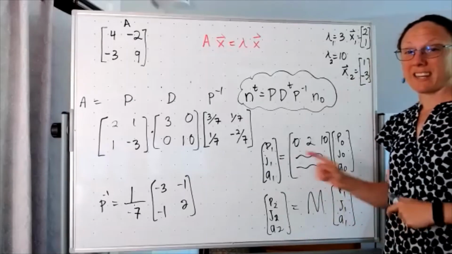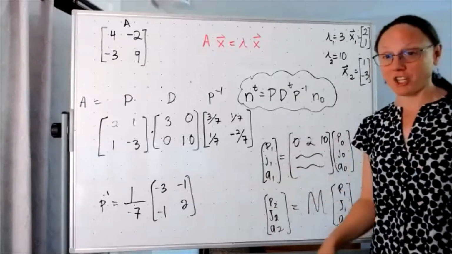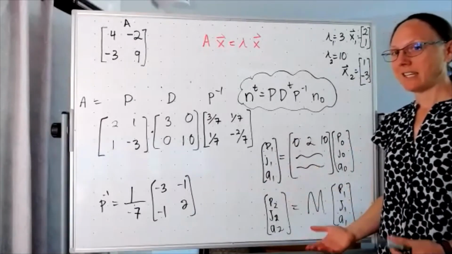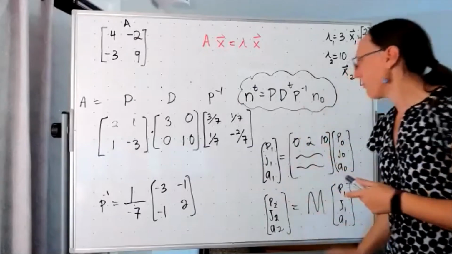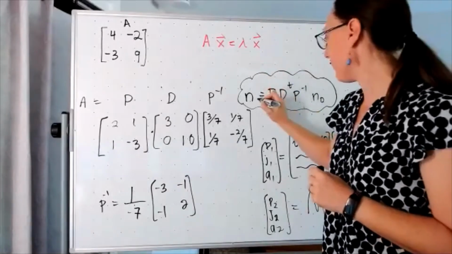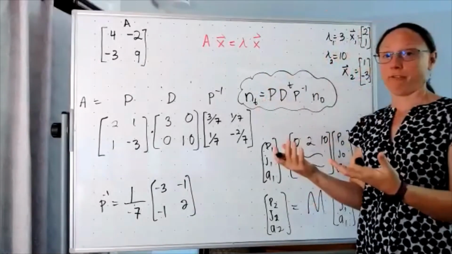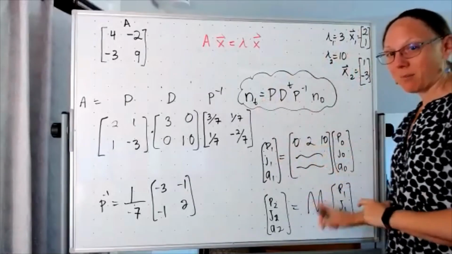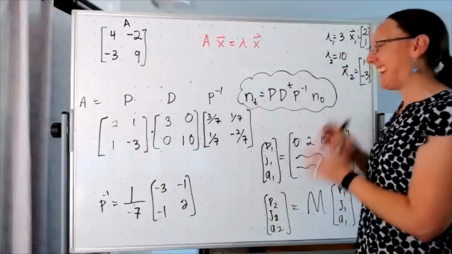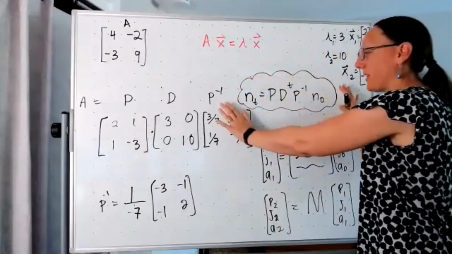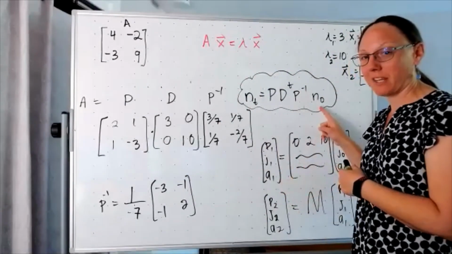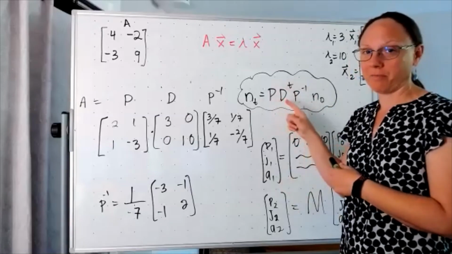So you might imagine that if I wanted to do this a whole bunch of times, it might be convenient to have some faster way to multiply this matrix by the vector over and over again. And it turns out that this formula gives us the faster way to multiply that matrix by our initial population over and over and over again.